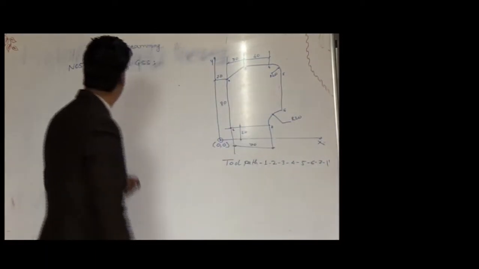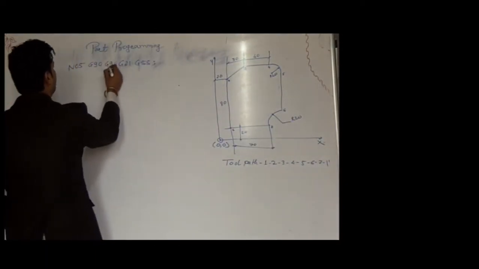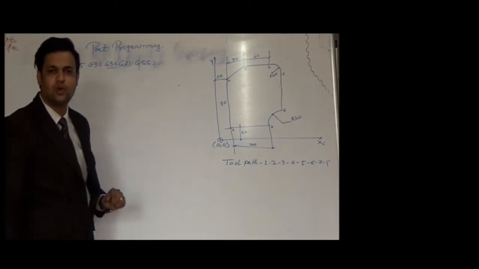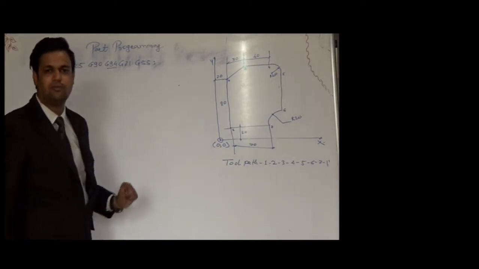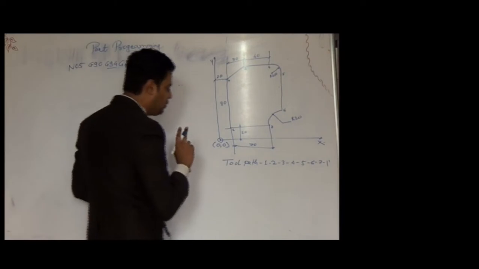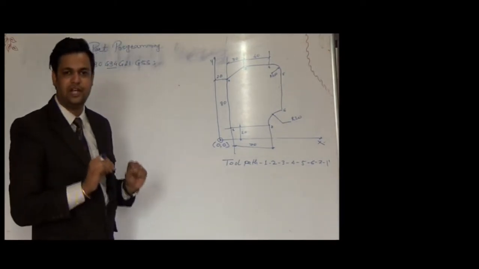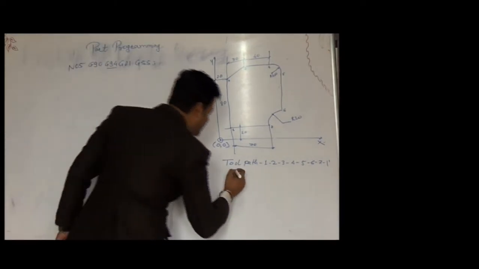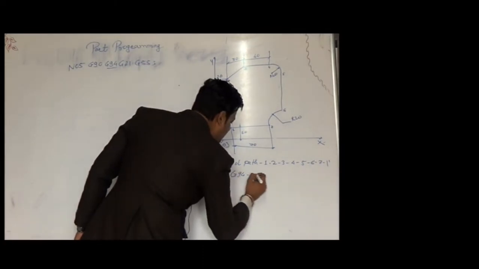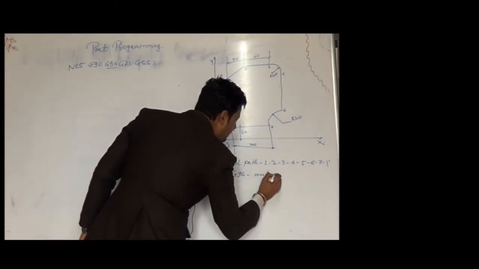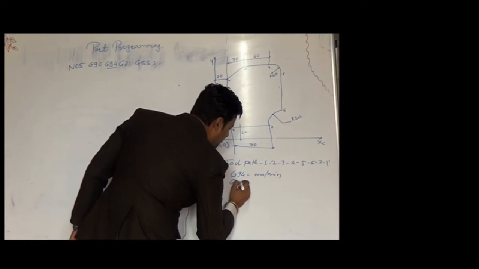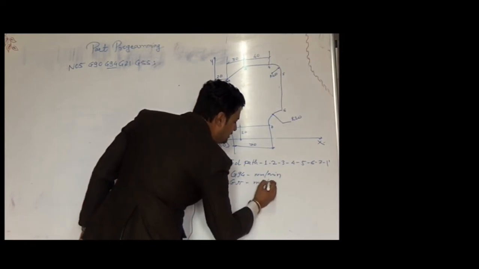To come back to the program, the next code is G94. G94 is the next code that represents the feed of the machine. There are two methods of feed, that is mm per minute and mm per revolution. For G94, I am using mm per minute, and G95 for mm per revolution.